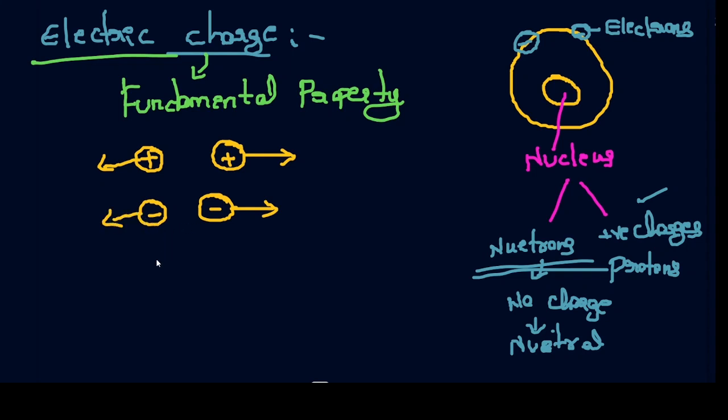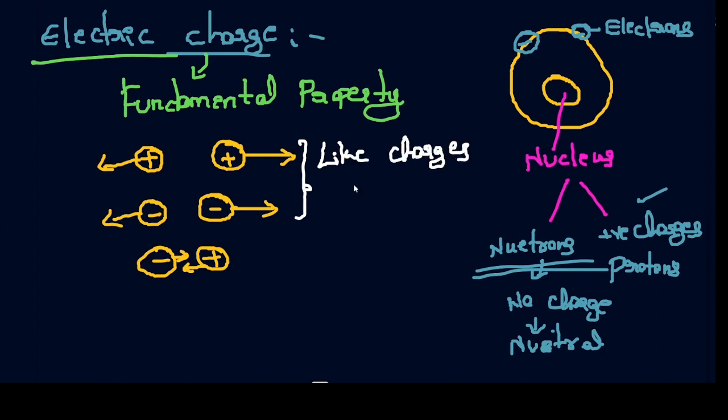But what happens if I bring one negative charge and one positive charge? Here these two charges attract each other, right? What do you understand from this? These are like charges. If I bring like charges, both repel each other. So like charges repel.